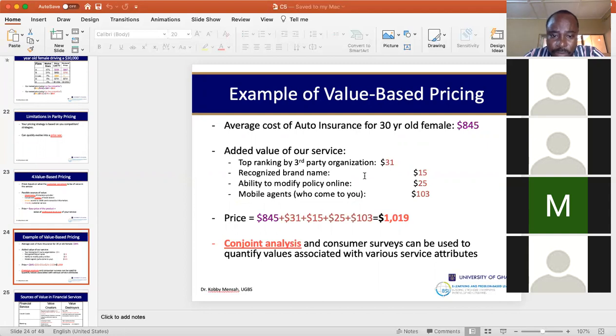Now, with value-based, you're also looking at which of these attributes offer value to customers. Is the idea that you are number one in the market or a top 3 organization of value?